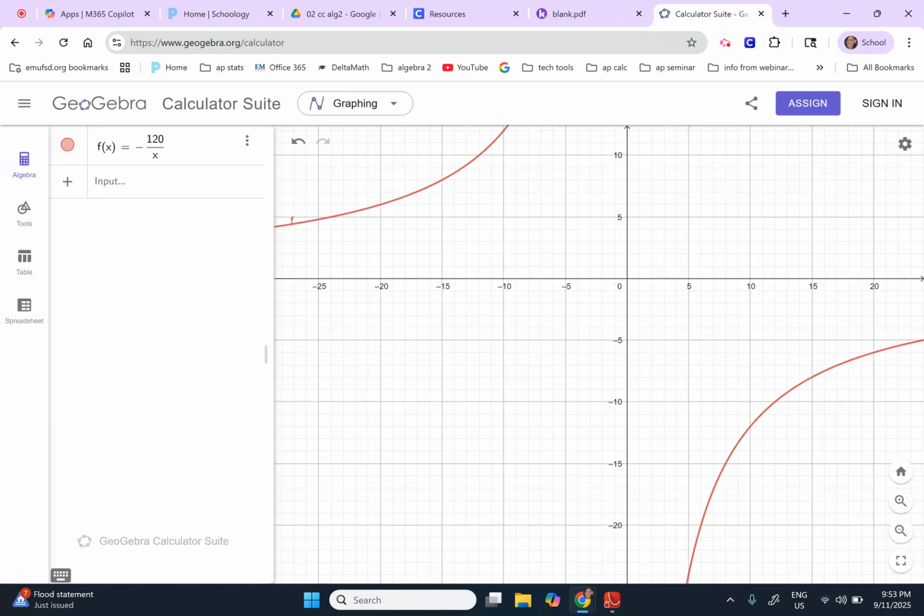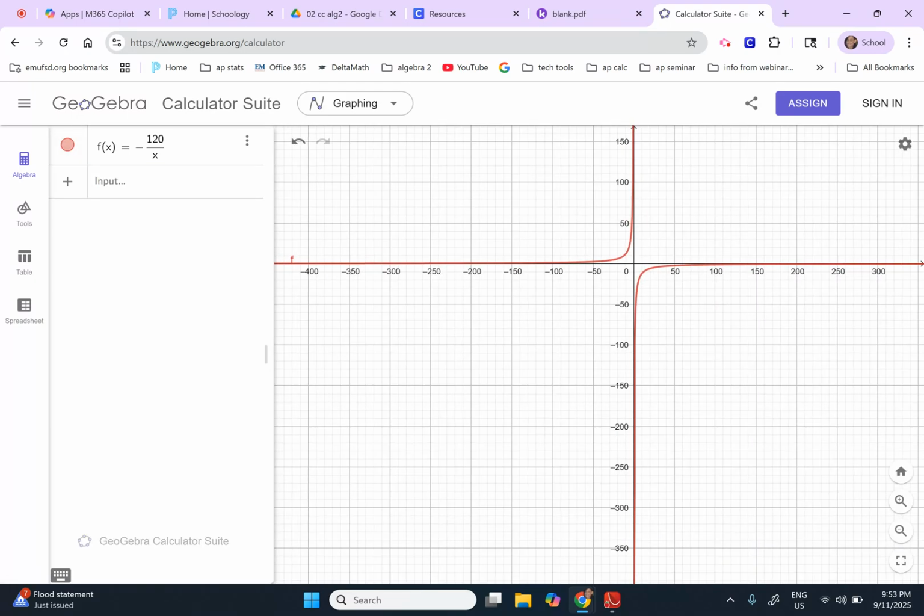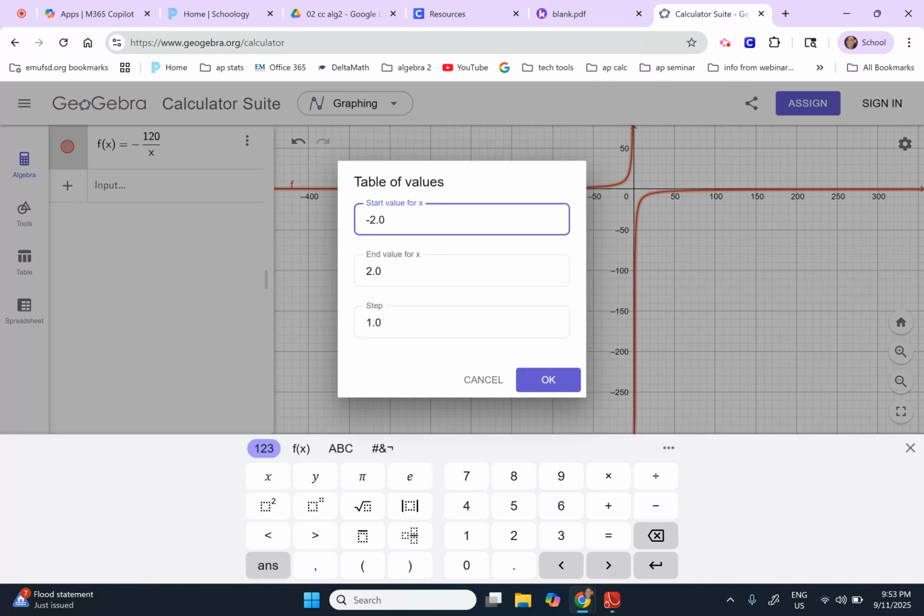And you can't see anything in the graph because you have to zoom in. Okay, so we're zooming in, now we see the graph, and now I'm going to look at the table of values, and then probably we go negative 2 to 20. If you needed to do more, you could add more.